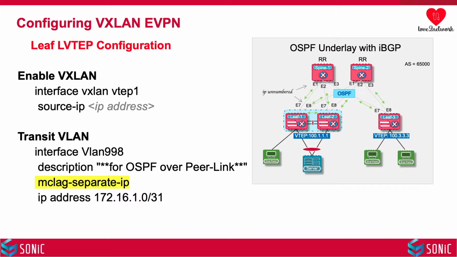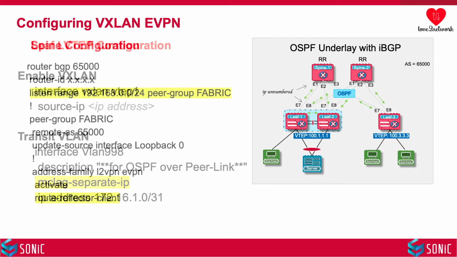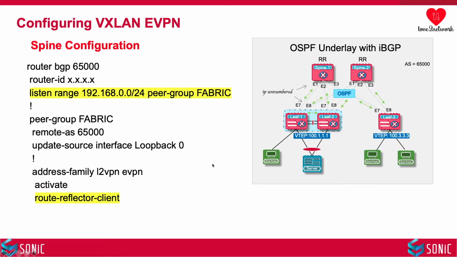Let's look at the spine configuration now. And this is all the configuration we need to configure spine. Here we are using BGP dynamic neighbor feature, this listen range command.